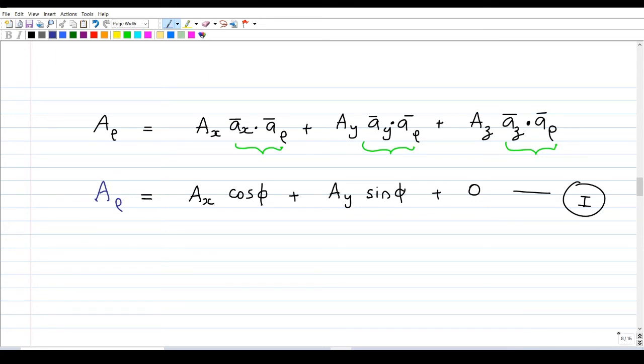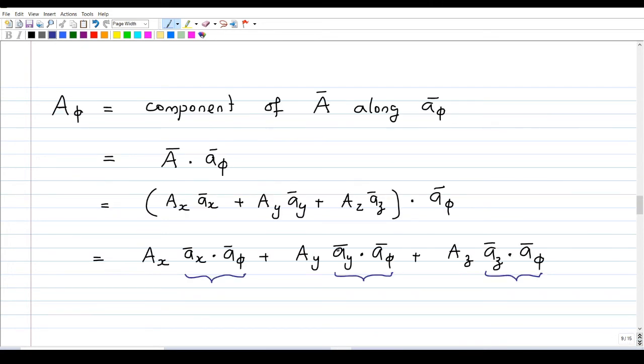Now we need to compute our second unknown, that is capital A phi. Capital A phi is nothing but the component of the vector A along the a phi direction. So the same idea we are using. We can take the dot product of the vector with a phi. So A dot a phi, where A is Ax ax plus Ay ay plus Az az.